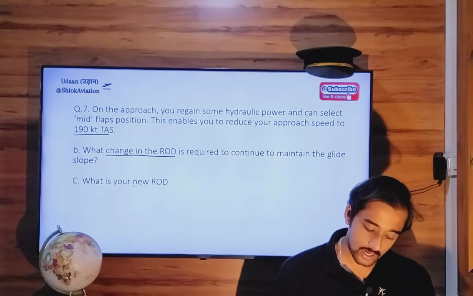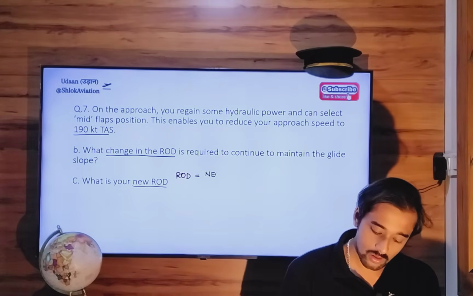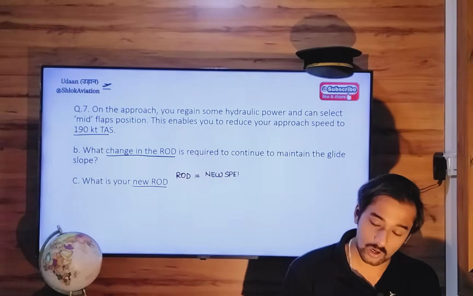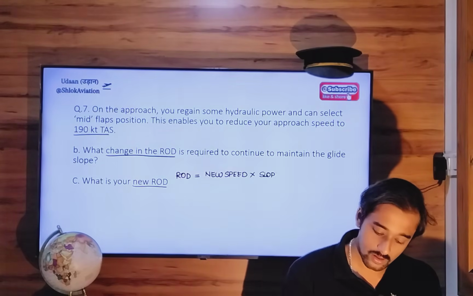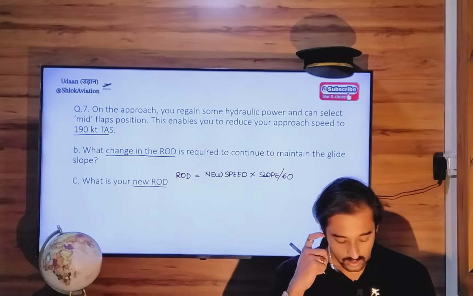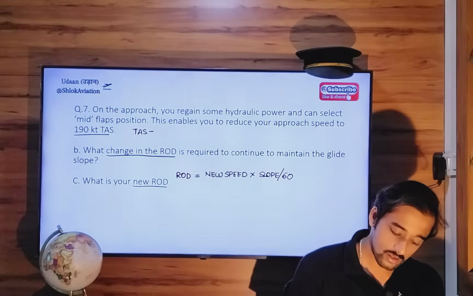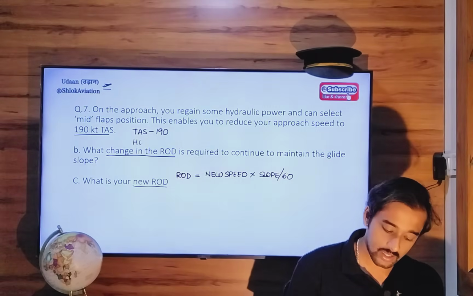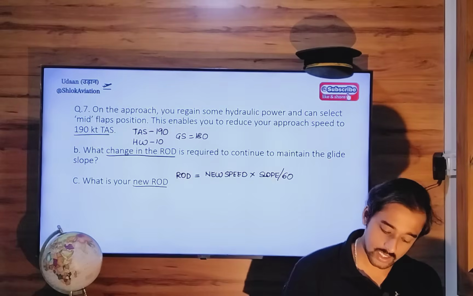Now what is your new rate of descent? New rate of descent will be equal to new ground speed, not true airspeed, ground speed into slope by 60. Now what is your new ground speed? TAS is 190, headwind is 10, so ground speed will be 180, 190 minus 10.